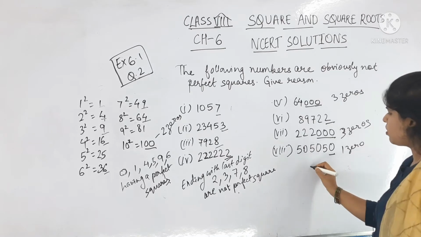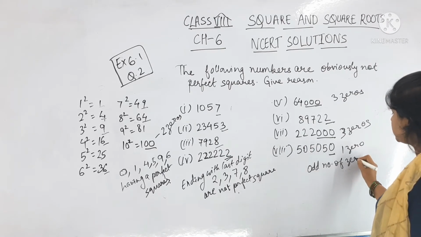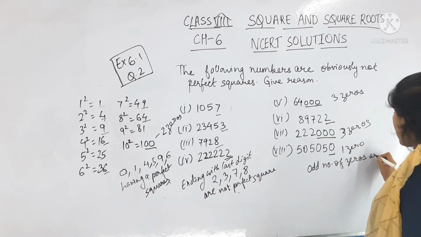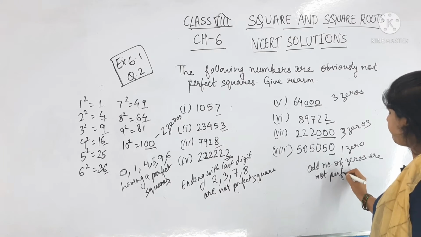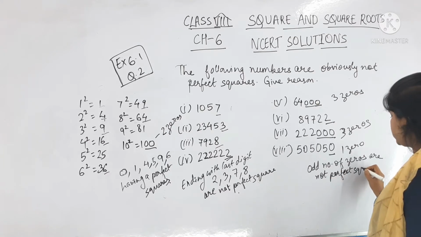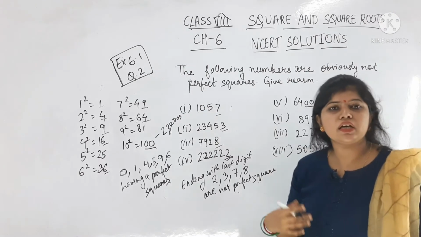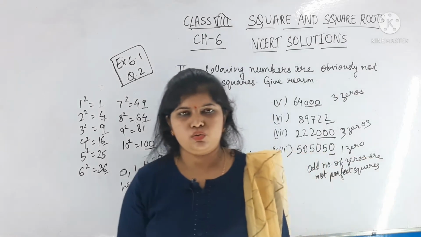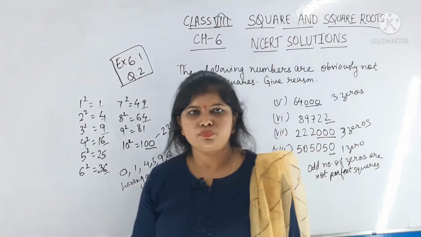So these are odd numbers of zeros. Odd numbers of zeros are not perfect squares. For perfect squares we should have an even number of zeros. So this is question number 2.